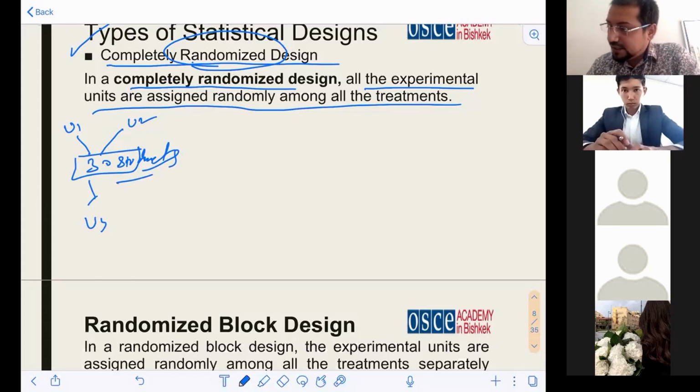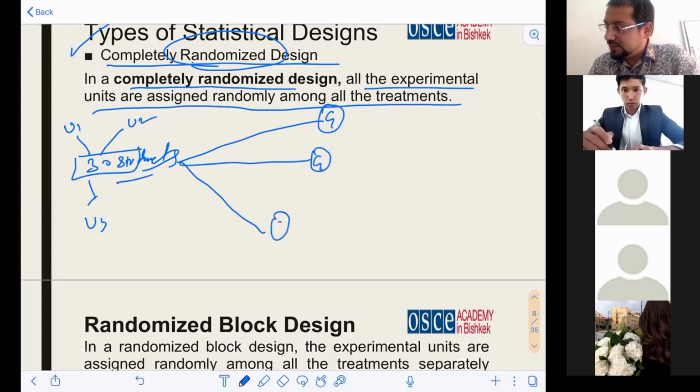Then further you create three groups. G means group. So this one is group A, group B, group C. And to each group you assign a task. The first group, you make them sit in a library.